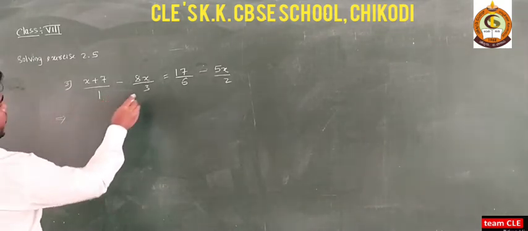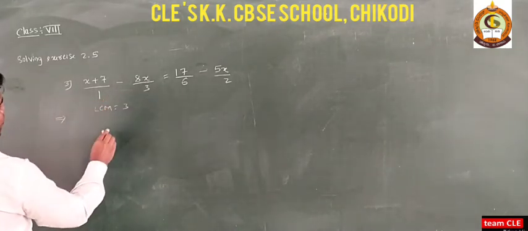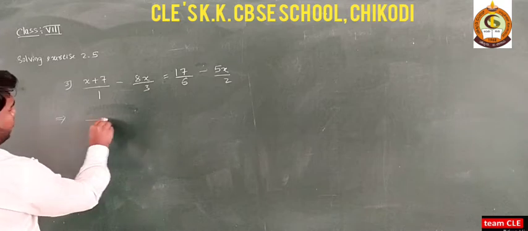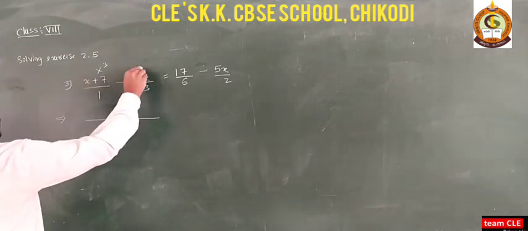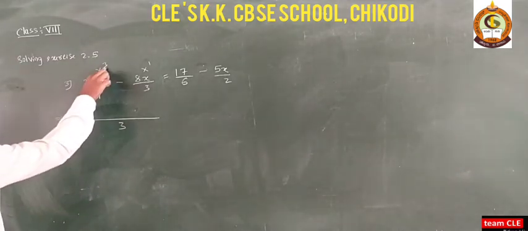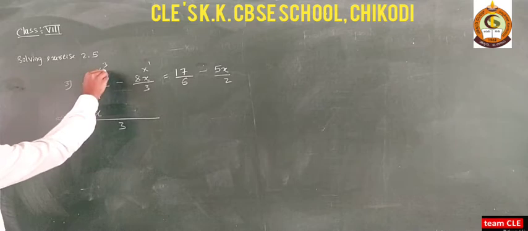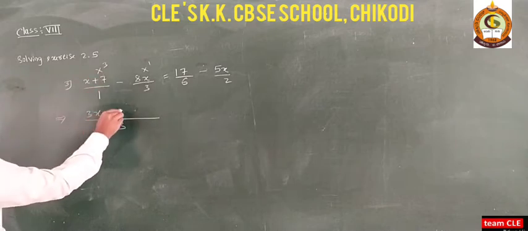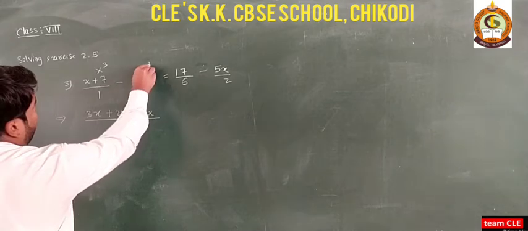First, see the LCM between 1 and 3. The LCM is 3, so you take the denominator as 3 and multiply 3 with the first term, and 1 with the second. So this is 3 into x, 3x; 3 sevens are 21, plus sign as it is; similarly minus 8x, because 8 ones are 8.